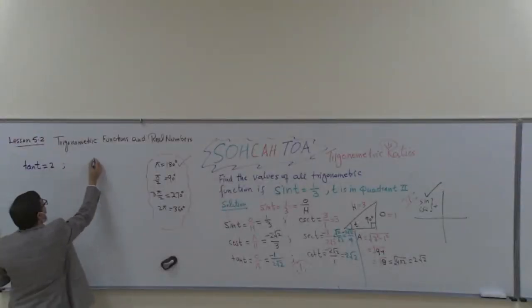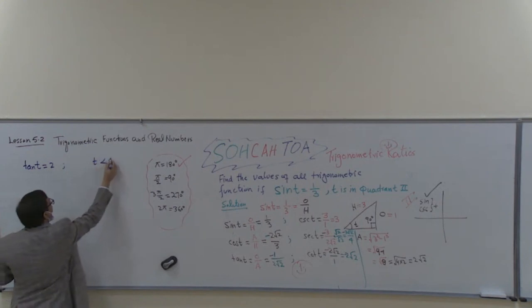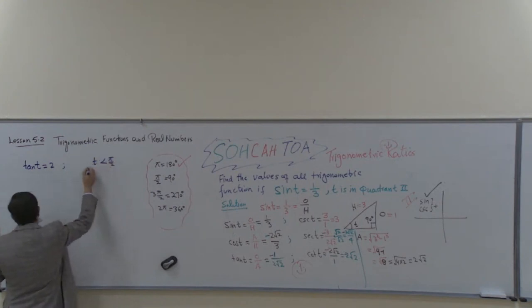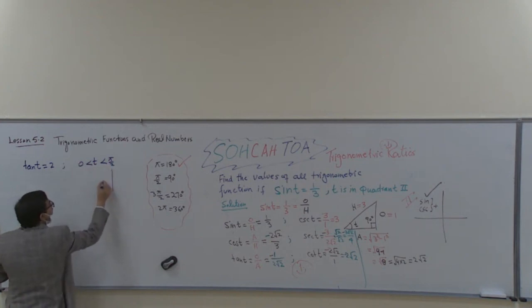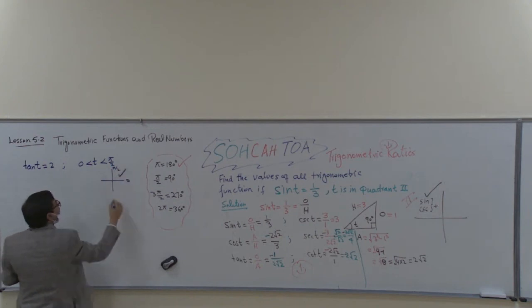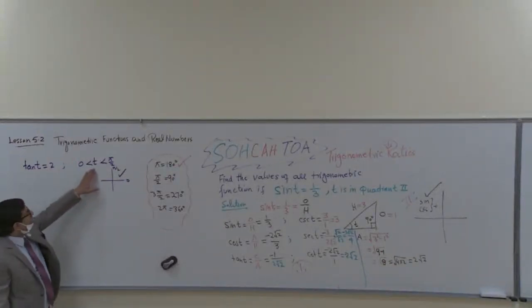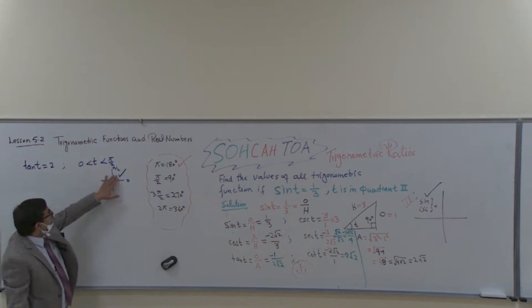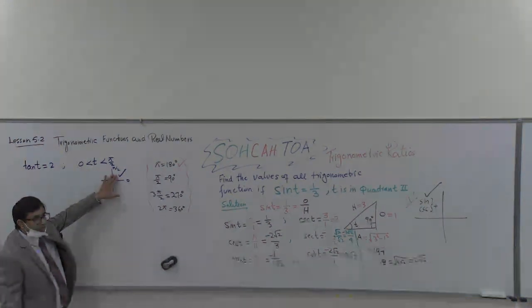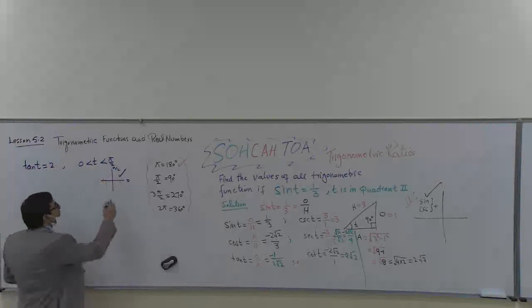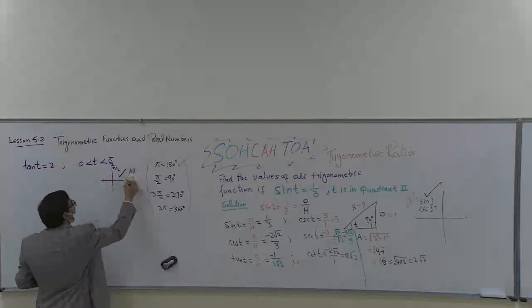And the quadrant is mentioned over here. t is between pi over 2 to 0. So pi over 2 to 0, pi over 2 is here, 90 degrees, and this is 0. In which quadrant are we working? Quadrant number 1. So the t angle is in quadrant number 1. In quadrant number 1, all trigonometric functions are positive. So here all trigonometric functions are positive.